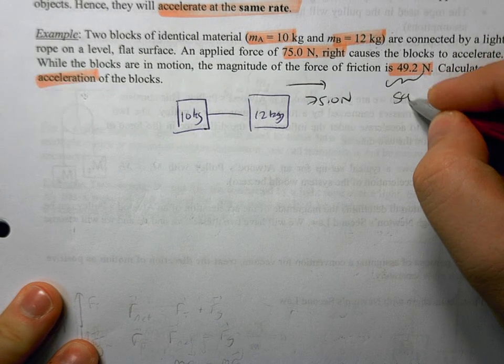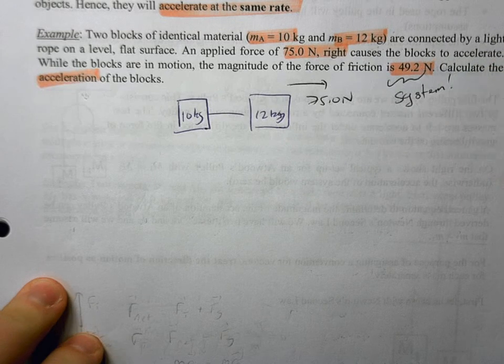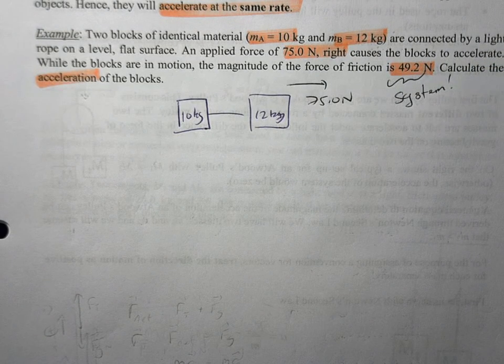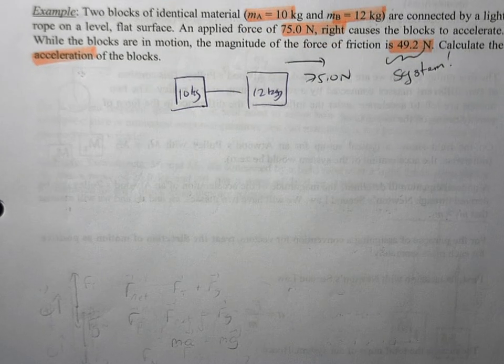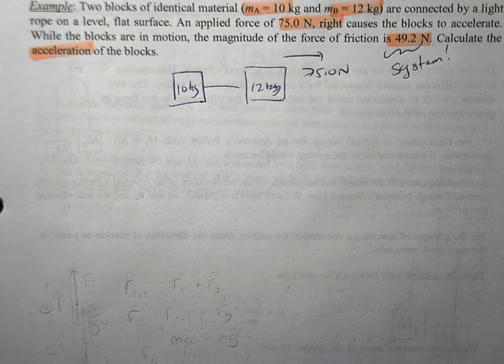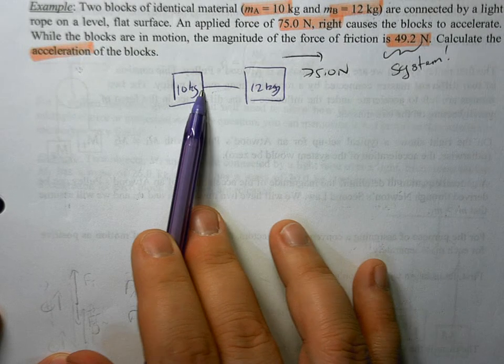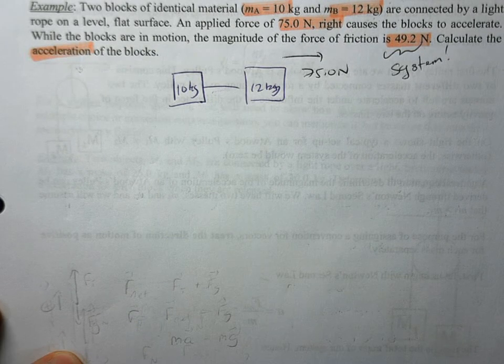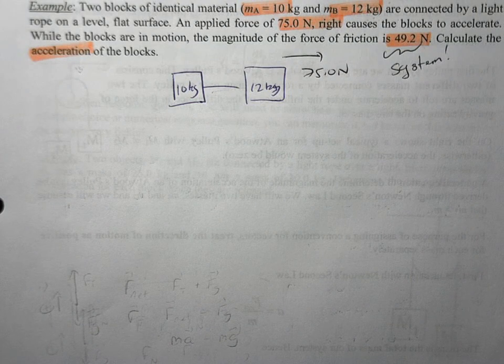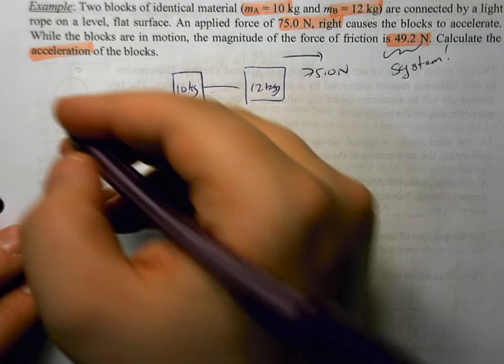It's saying that the force of friction for the entire system, so both of those blocks together, is 49.2 newtons. This presents a little bit of a challenge because we're lacking a little bit of information to handle this question properly. But since these are connected by a rope and the tension's the same throughout the rope, or we're assuming that, this allows us to make a nice simplification for this two-body system.